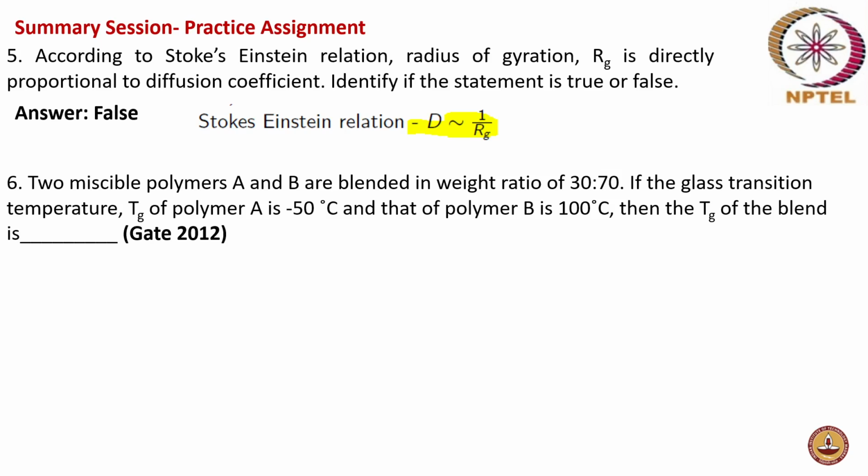You have to use the Flory-Fox relation. So he said the Flory-Fox relation is 1 by Tg is equal to weight fraction of polymer 1 by Tg of polymer 1 plus weight fraction of polymer 2 by Tg of polymer 2. Do you agree with that formula, or are you trying to say some different formula is going to be applicable here?